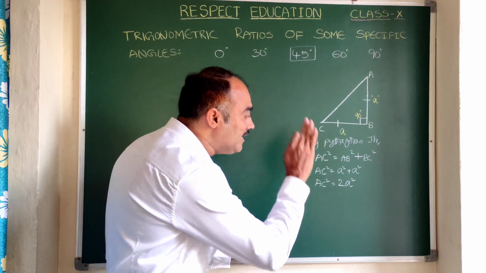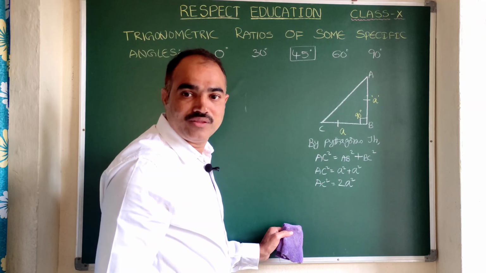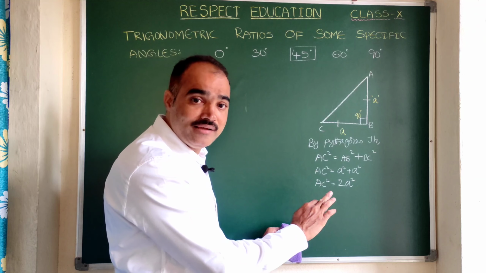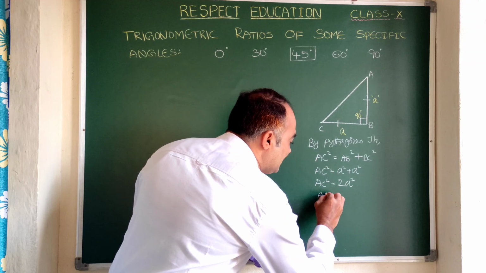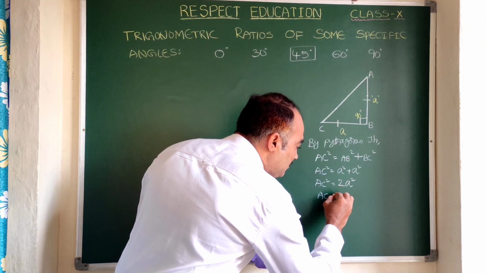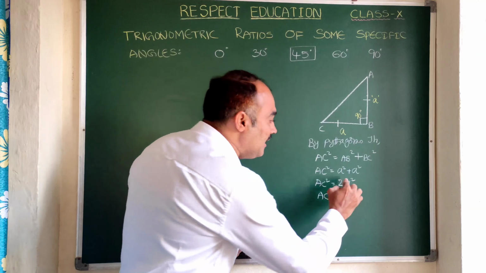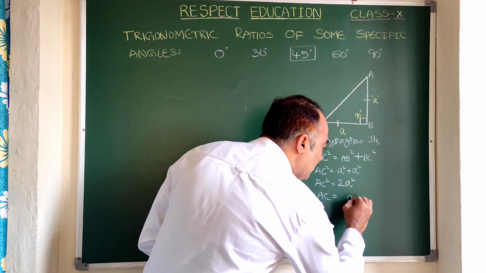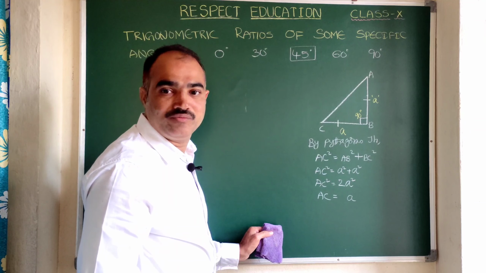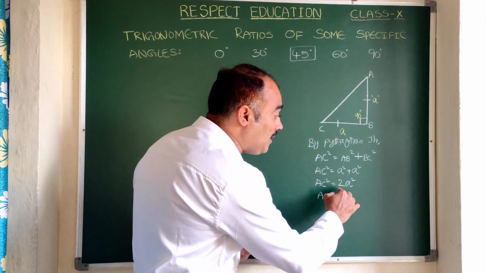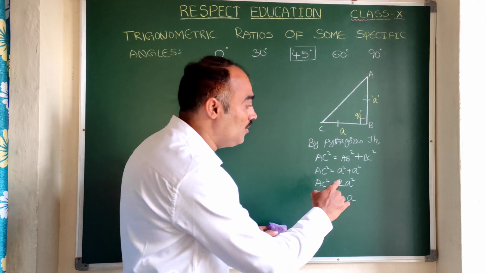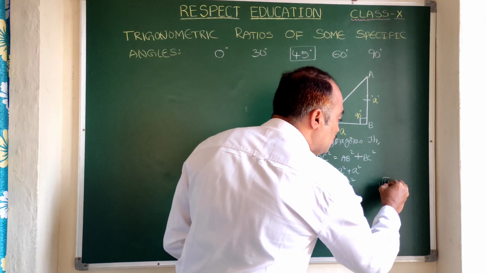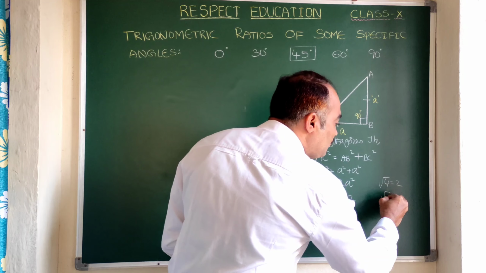Now we want only AC. What to do? We need to apply square roots. So here AC square becomes AC only. A square becomes only a. And what about 2? 2 will become 4 when we apply square root? No, the square root of 4 is 2. Then what is the square root of 2?